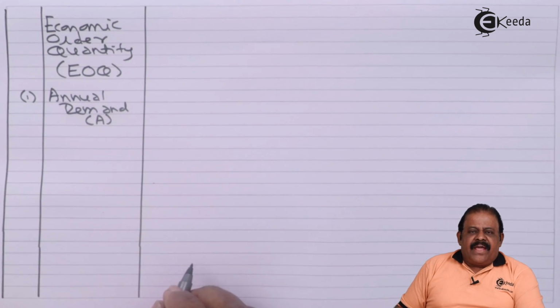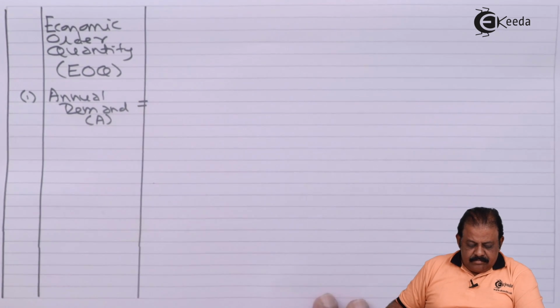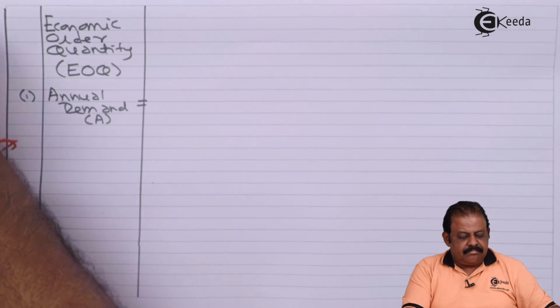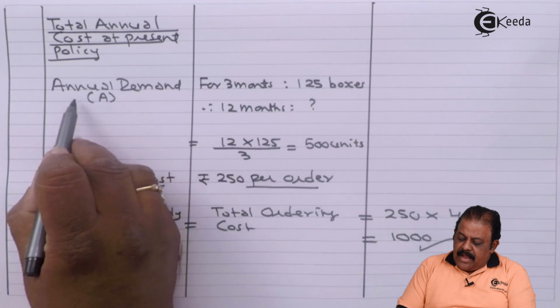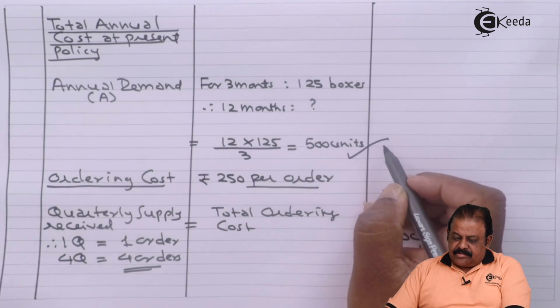We'll require to find out annual demand. We have calculated annual demand 500 units.